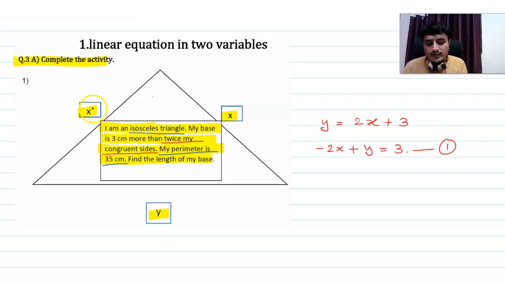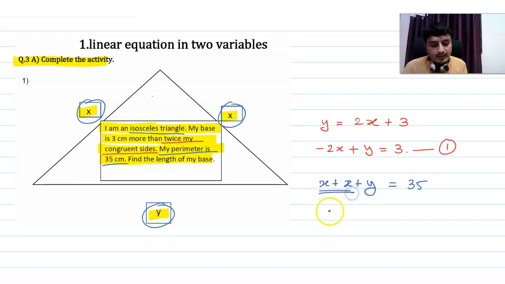So the sum of all sides, where the sides are x, x and y respectively, means we have to add all three sides of the triangle, and that is the perimeter, which is 35. So x plus x are like terms, and they can be easily added, giving us 2x plus y equals 35. Call it equation number 2.